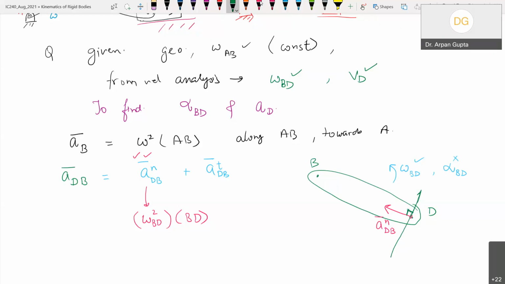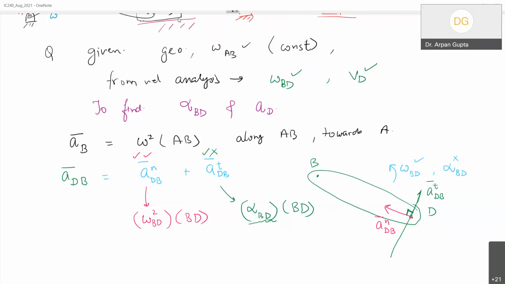So this is acceleration of D with respect to B, tangential component, and we know only the direction. Its magnitude is alpha BD times BD, which is not known, but the direction is known.